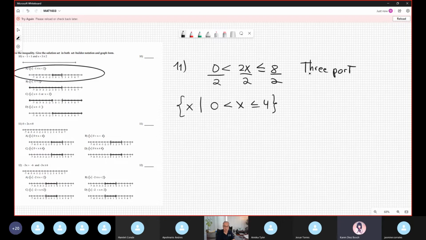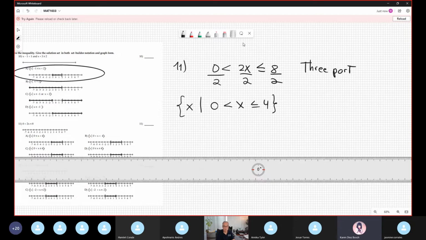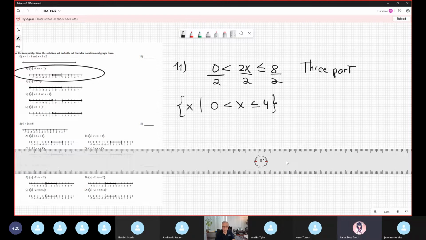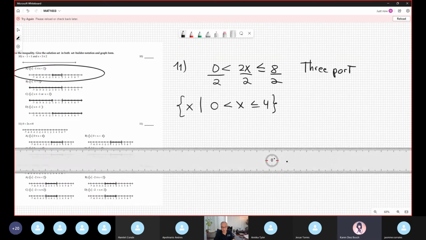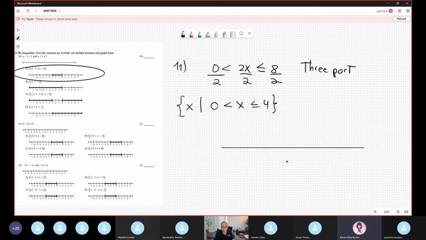Now, representation graphically of this. Well, it's easy. This is our number line. Suppose this is 0, 1, 2, 3, 4.